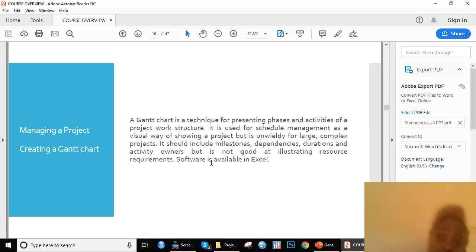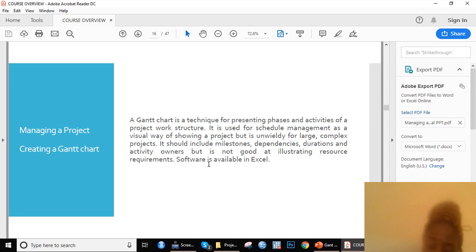Whilst on the horizontal axis, you're always showing the time frame that it takes to actually conduct that activity. Sometimes the time frame could be days, weeks, months, quarters, it could even be years. It depends on when the activities you have decided need to occur.